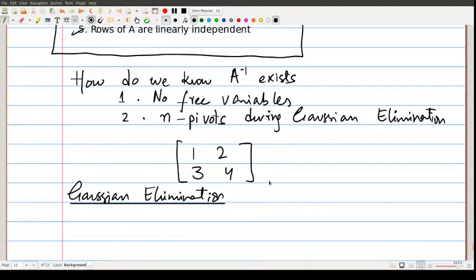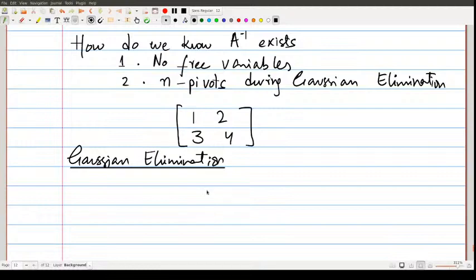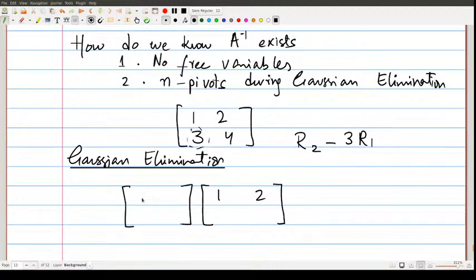If I do Gaussian elimination on this, I can leave the first row like this, and if I want to eliminate this entry, I do row 2 minus 3 times row 1. The matrix for that is simply 1, 0, preserving the first row, and for the second row, negative 3 of the first one and 1 of the second one, times 1, 2, 3, 4.